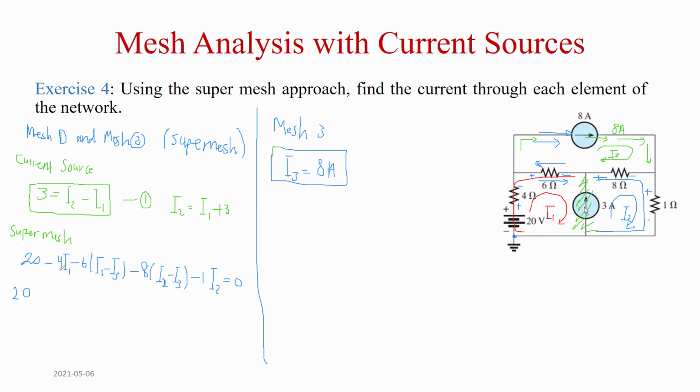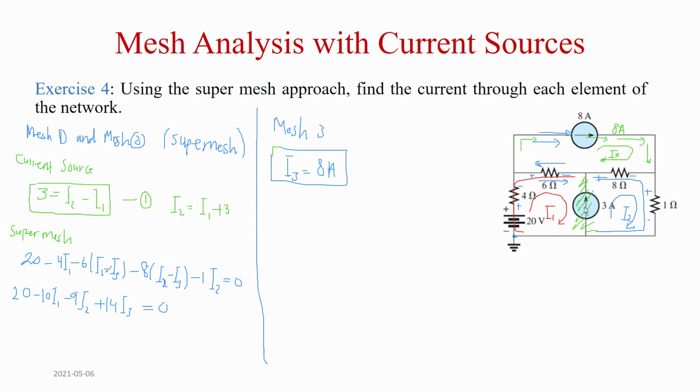20, I have minus 4I1 and minus 6I1, so it's minus 10I1. For I2, I have minus 8I2 and minus 1I2, so it's minus 9I2. Then here plus 6I3 plus 8I3, so plus 14I3 equal to 0. Now I know what I3 is. It's 8. I can plug it here.